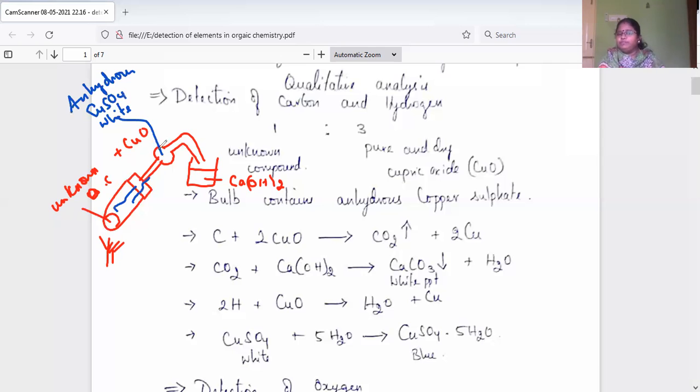When the water vapor reacts with copper sulfate, it becomes CuSO4·5H2O. So that means it becomes hydrated copper sulfate. So you'll get a blue color, right? Copper sulfate with 5 moles of water leads to blue color copper sulfate, that means hydrated copper sulfate.